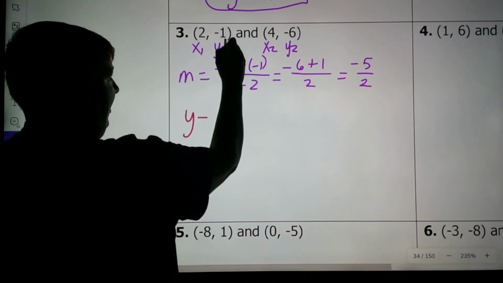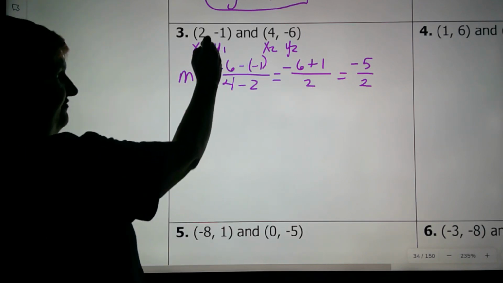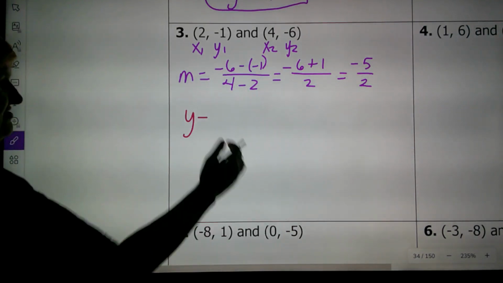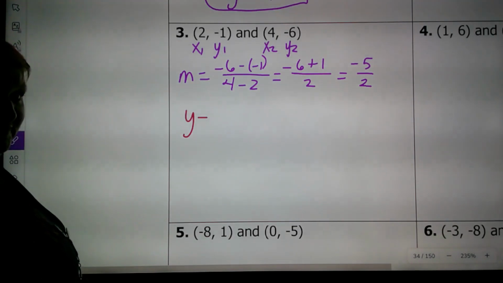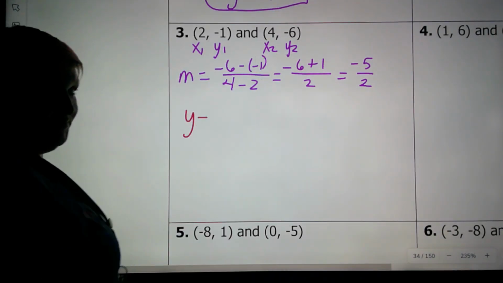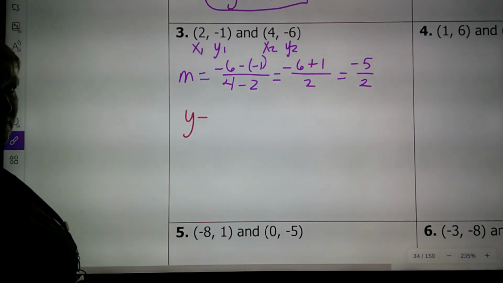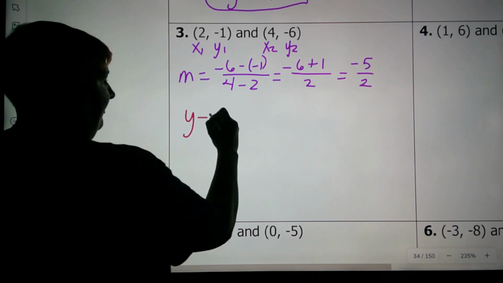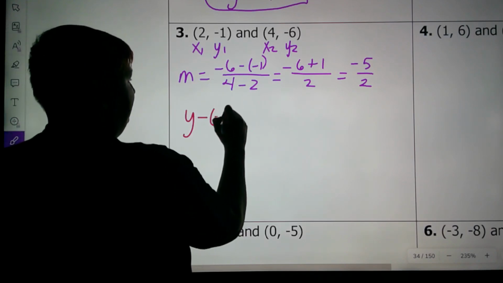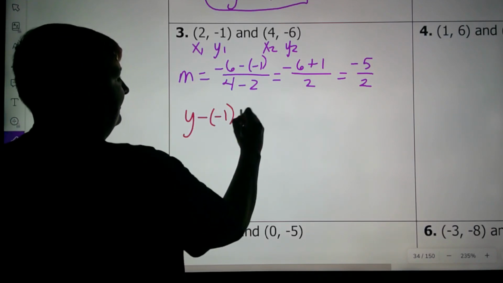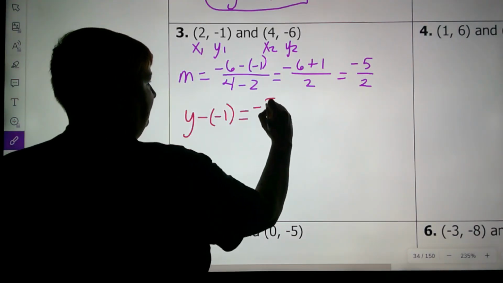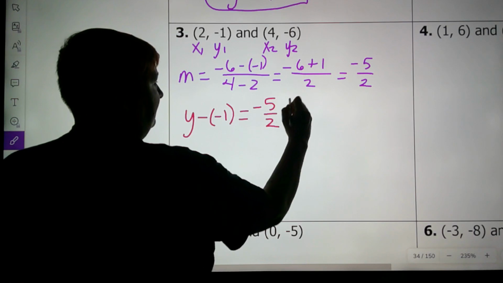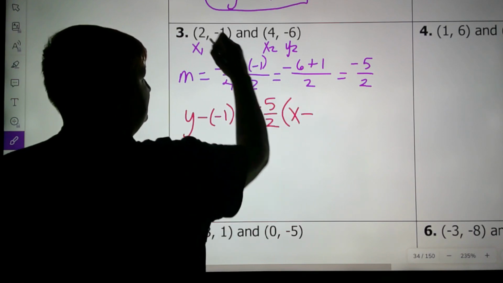Y minus y1. Again, I'm using the first point because it's already labeled. But I could use this point if I wanted to. This would just become x1, y1. Right? Y minus y1 equals m times x minus x1.